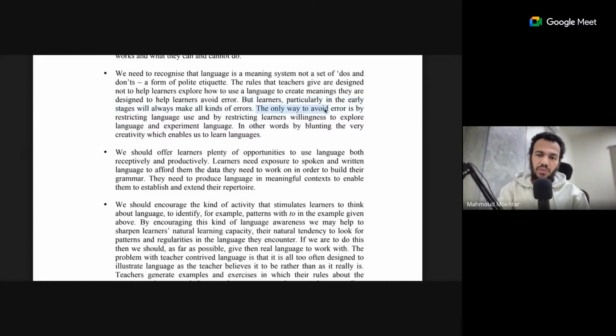The only way to avoid error is by restricting language use and by restricting learners' willingness to explore and experiment with language. In other words, by blunting the very creativity which enables us to learn language.